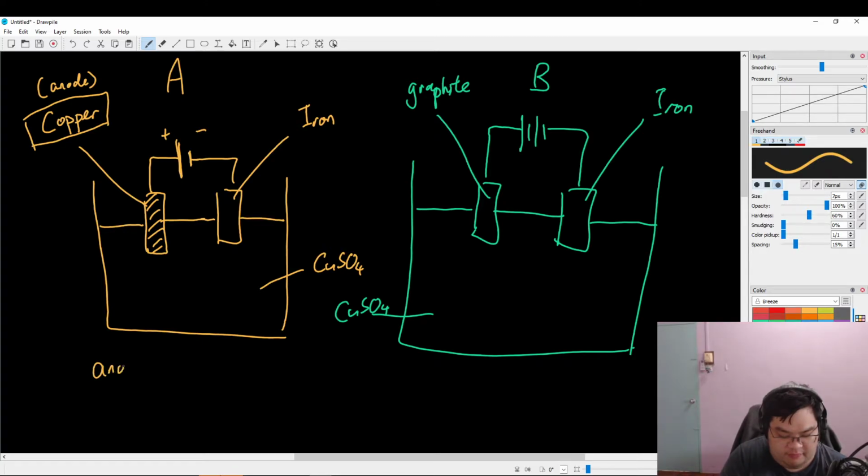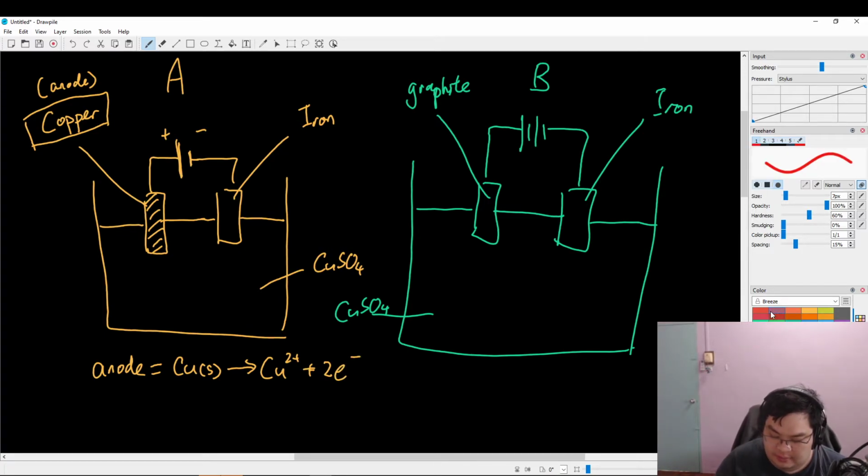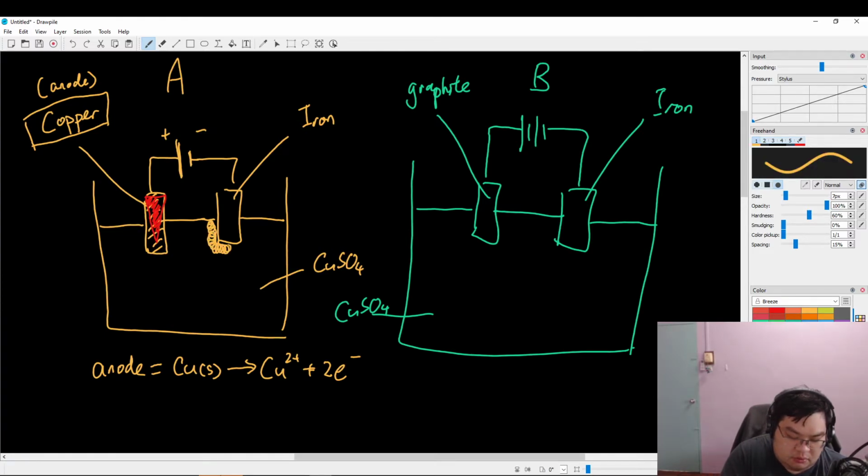the anode will dissolve. That means solid copper becomes copper ions: Cu becomes Cu2+ plus 2e. So what happens is over time, this will become smaller, become this size instead, and then copper will coat on the surface of the iron.